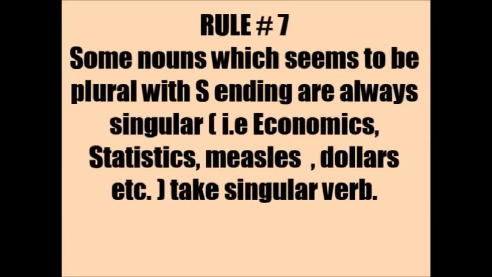Rule number 7. Some nouns which seem to be plural with an s ending are always singular, for example, economics, statistics, measles, dollars, and etc., and take a singular verb.